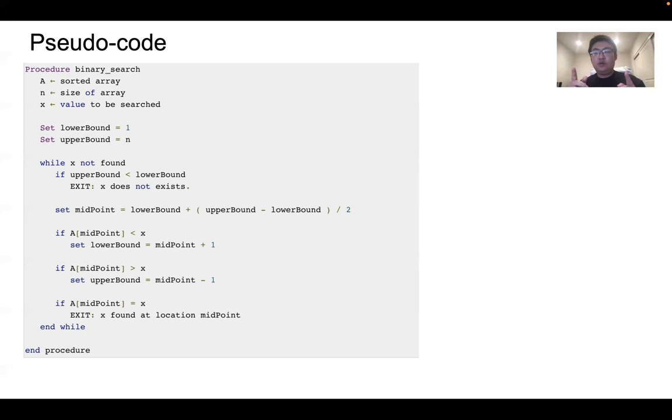While we process this algorithm, the upper bound will move to the left and the lower bound will move to the right. When the upper bound is less than the lower bound, that means we have searched the whole list, so X does not exist in the list. We will return that X does not exist.